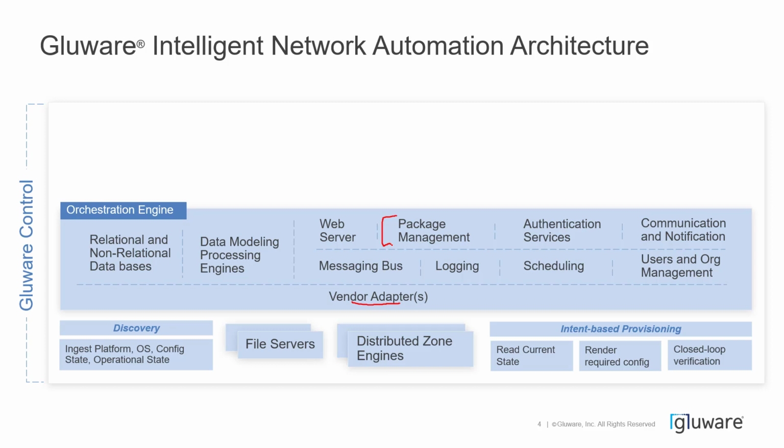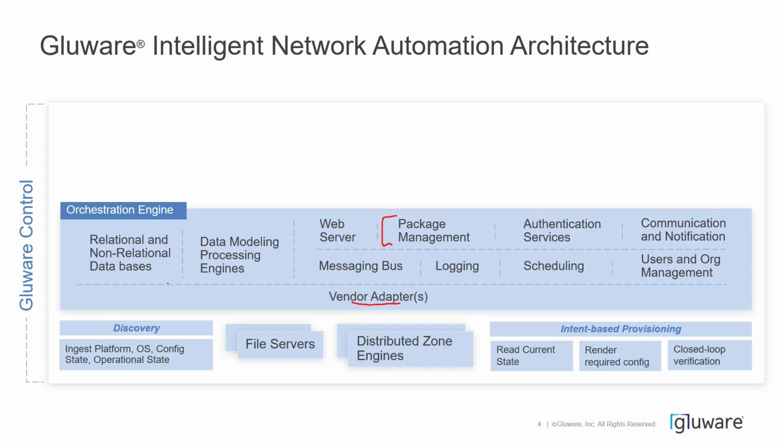So we'll talk about that, but one of the nice things to understand about Gluware is that we're a very modular system. Once the framework is in place, while you're running Gluware, even in between releases, we can add or enhance support for multi-vendors.